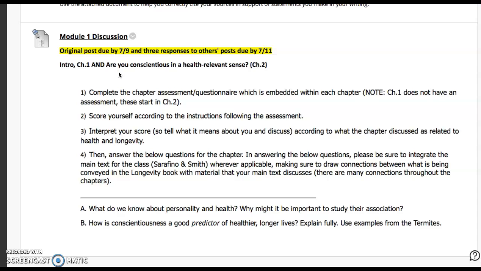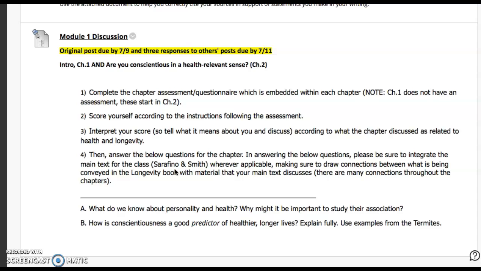You're going to notice that a lot of the questions are specific to the longevity book. That's the bulk of what our discussions are going to be about, but there's many opportunities to also tie in elements from the main text, Serafino and Smith, as you're talking about the other things in the longevity book.